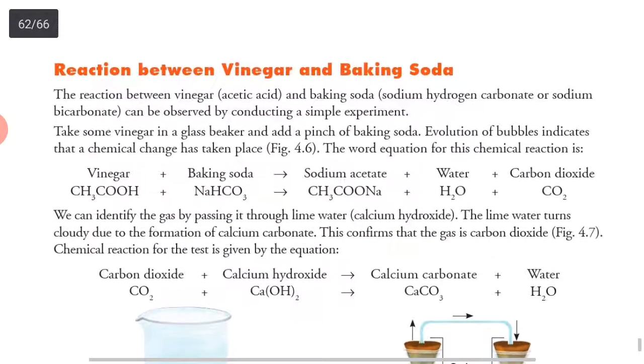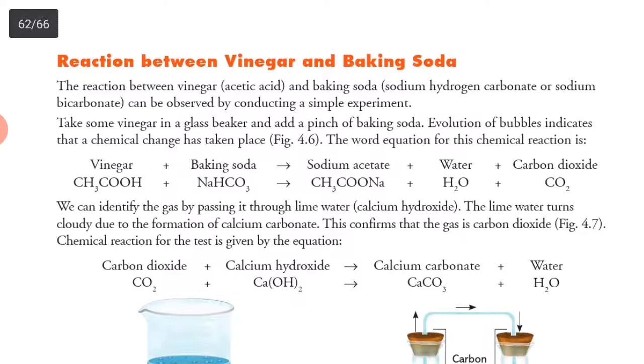Reaction between vinegar and baking soda. The reaction between vinegar, that is acetic acid, and baking soda, sodium hydrogen carbonate or sodium bicarbonate, can be observed by conducting a simple experiment. Take some vinegar in a glass beaker, add a pinch of baking soda.